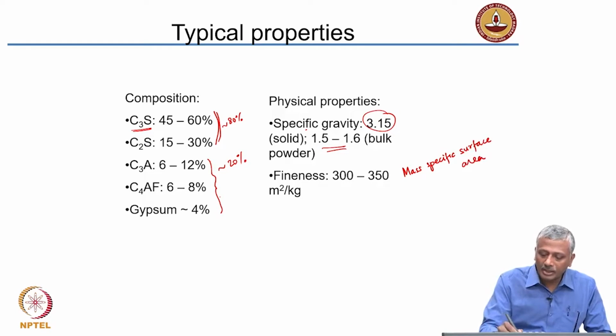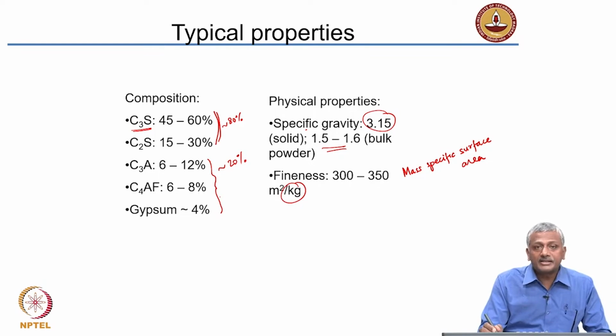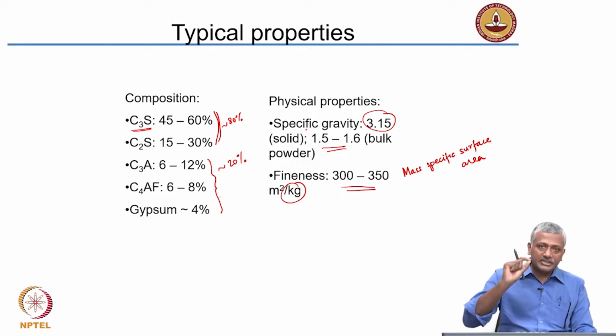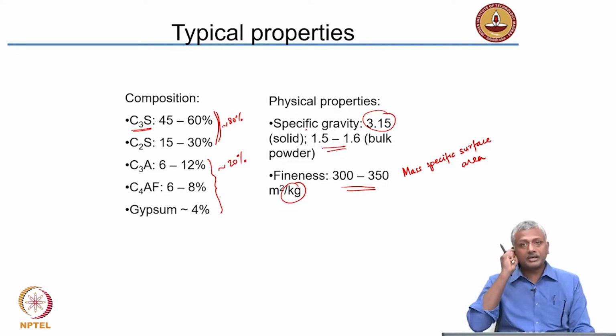So, if you take 1 kilogram of cement, the mass specific surface area would be 300 to 350 square meters, okay, square meters, right. So, each and every grain of cement, the fineness would be in the range of 300 to 350 square meters per kilogram.